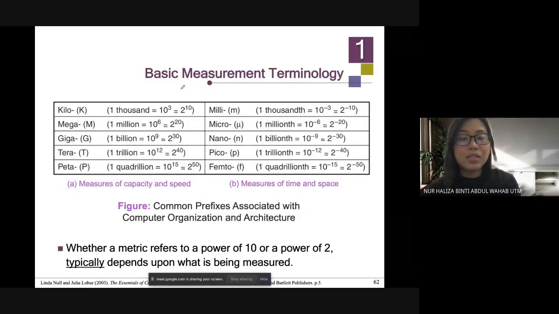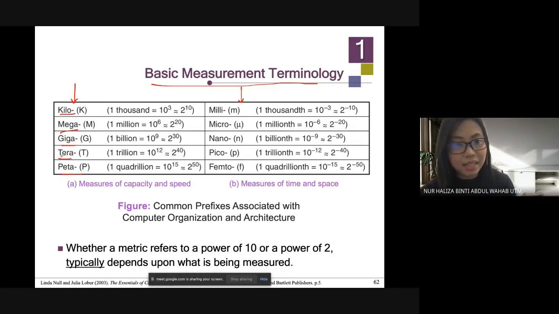And this is all the mathematical measurement terminology. I'm not going to teach you because this one you already learned in your secondary school, I guess, about the kilo, the mega, giga, tera, peta.